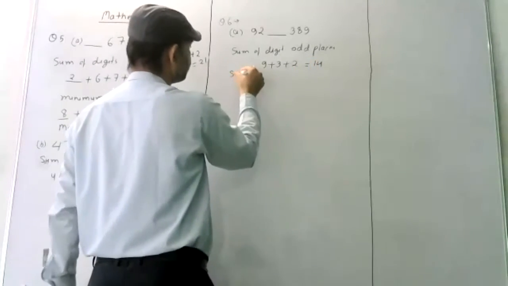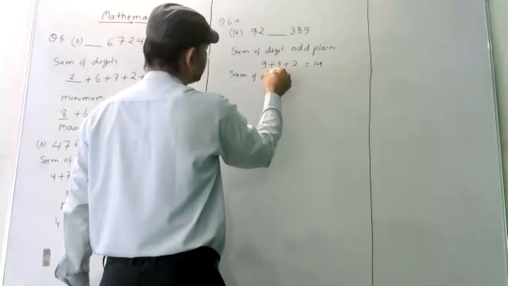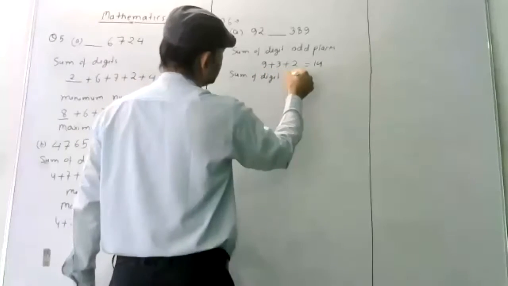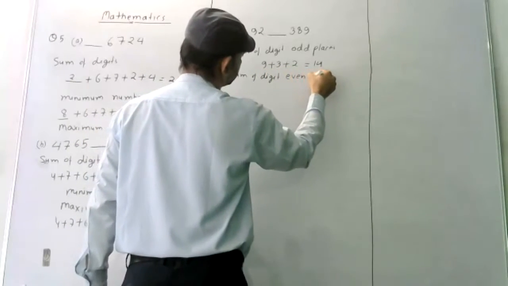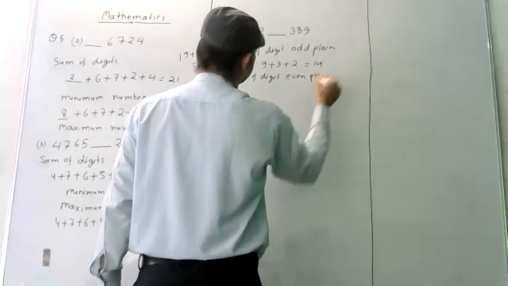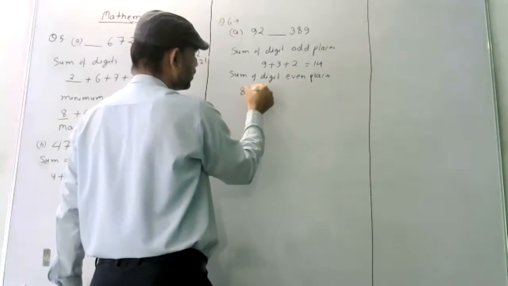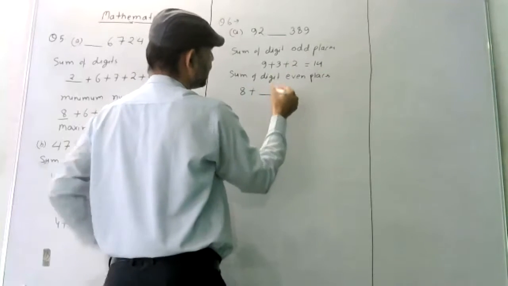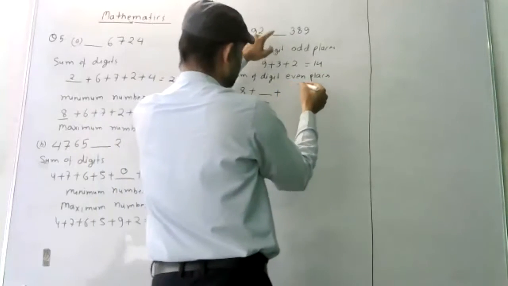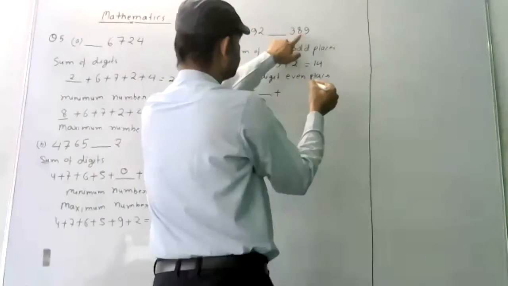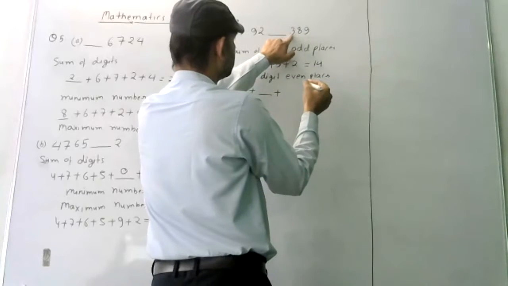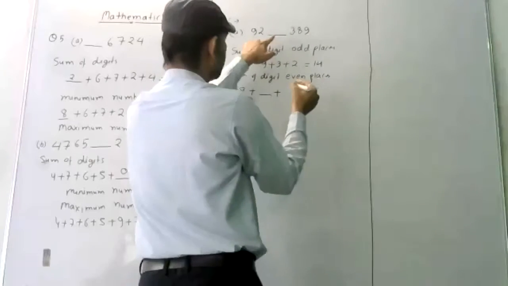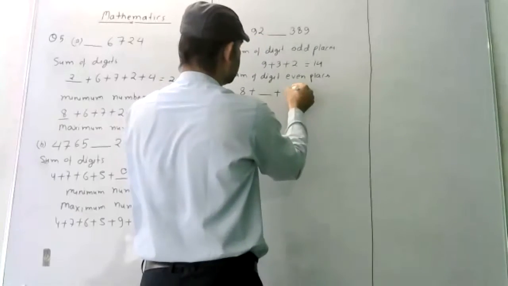And the sum of digits at even place: even place is 8 plus blank plus 9.